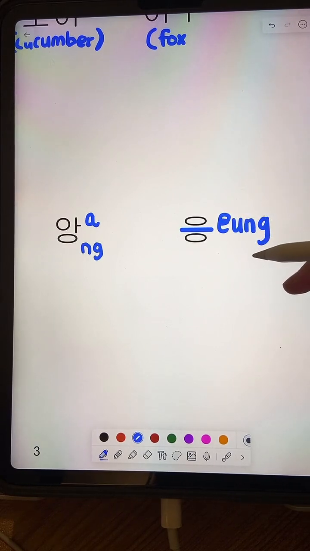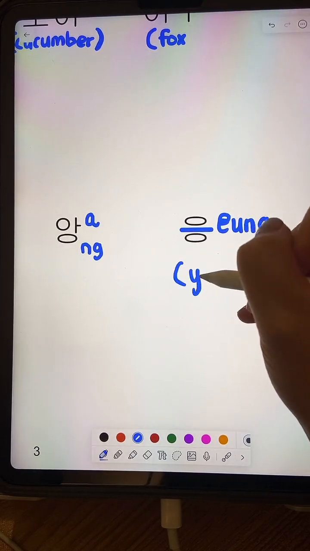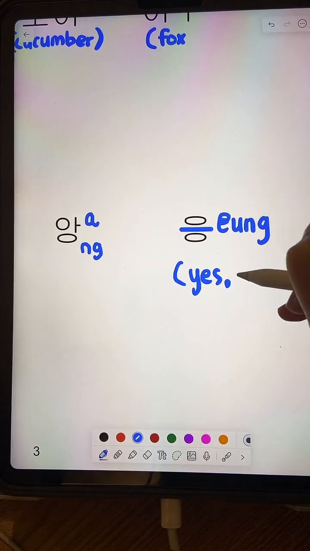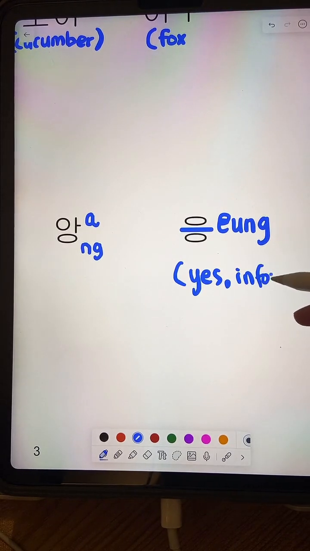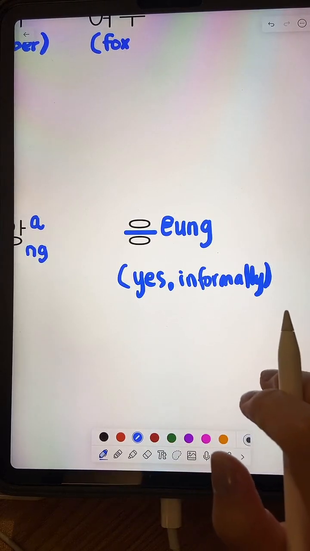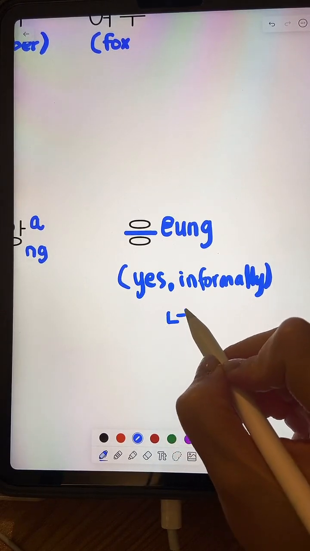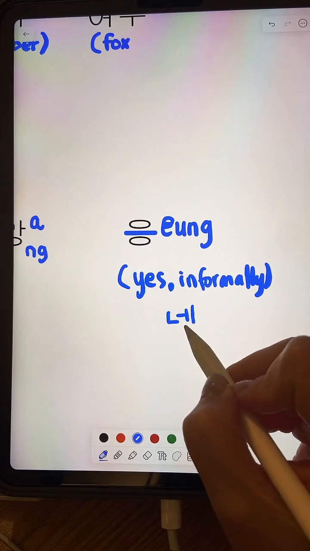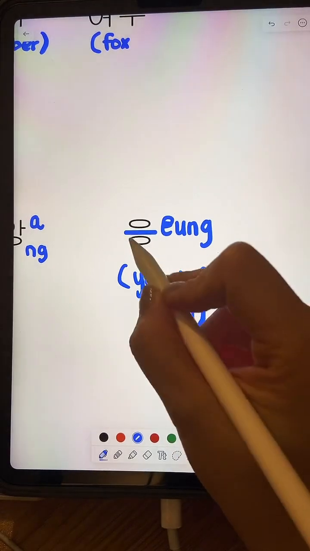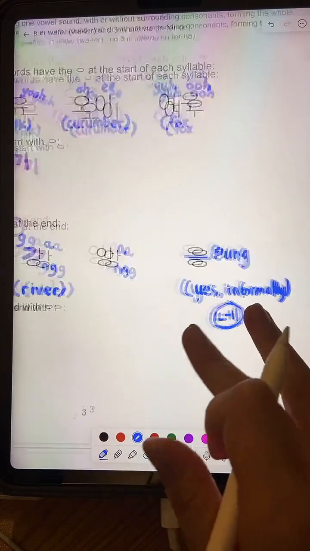It's just ung. It has a meaning. It means like yes in a very informal way. Informally, very casually. Formally, you have to say ne. Ne, right? But ung means yes in an informal way.